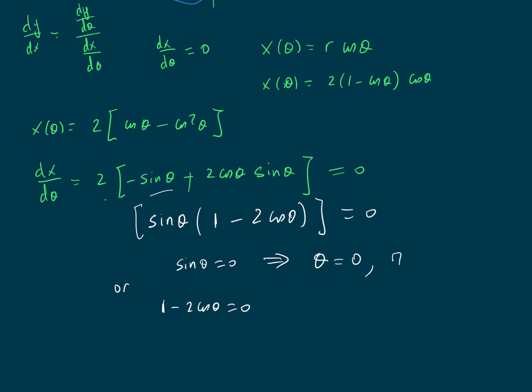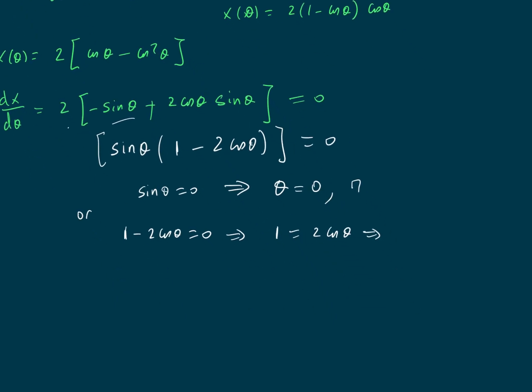And 1 minus 2 times cosine of theta is 0 when 1 is 2 times cosine of theta, or when cosine of theta is 1/2, or when theta is pi divided by 3.